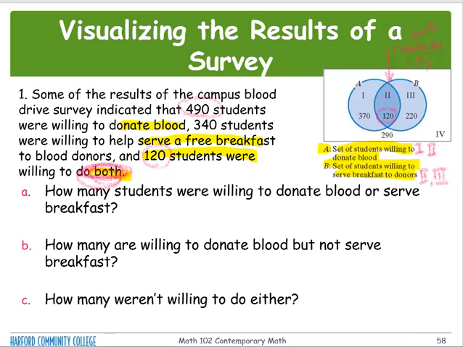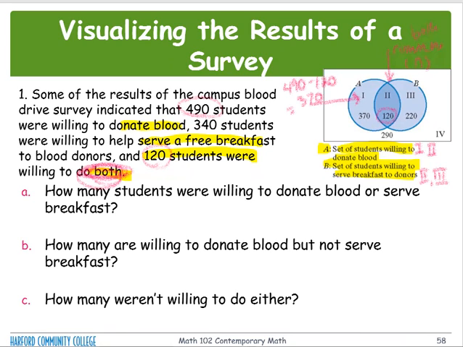Region 2 only is 120. So region 1 is found by subtracting 120 from 490, and that's how we get 370 as the cardinality for region 1.